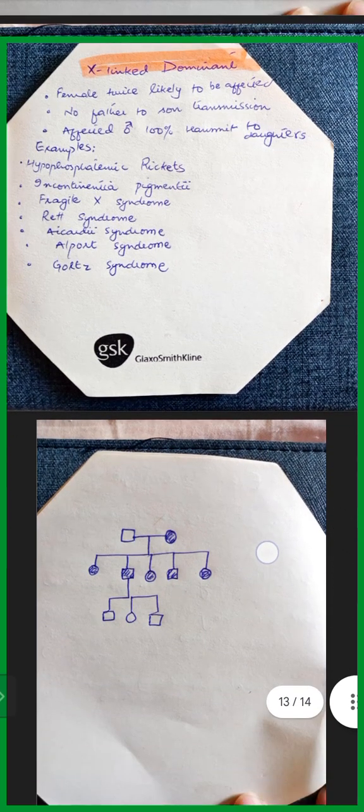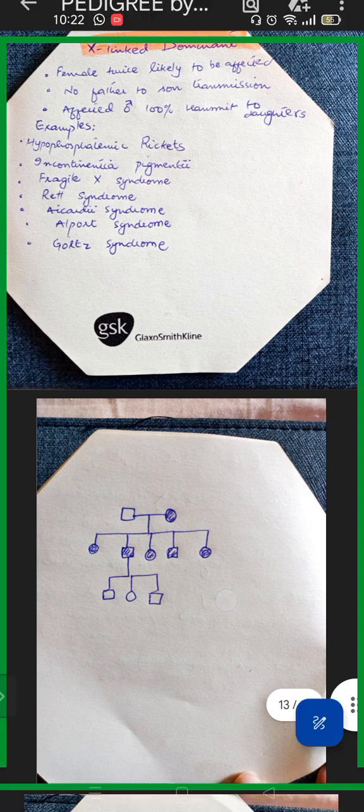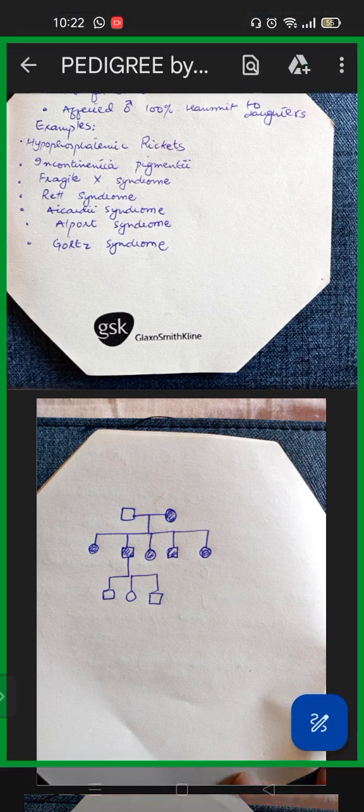Okay, another thing which comes: there is a disease where the affected female transmits 100% of the disease to the offspring, and both genders are equally affected. An affected male never transmits the disease, so male transmission is 0%.